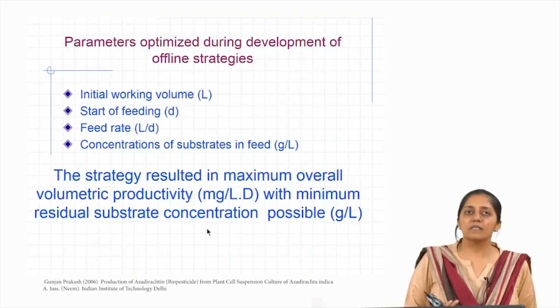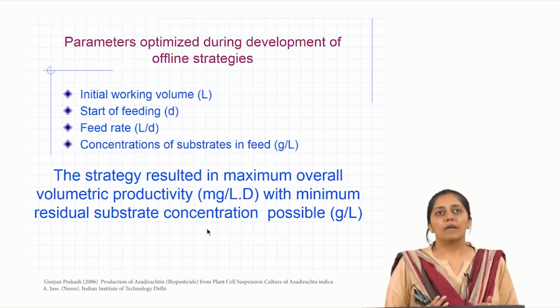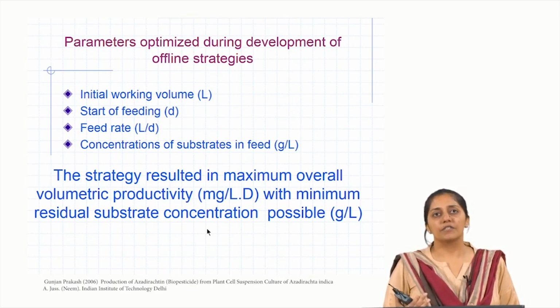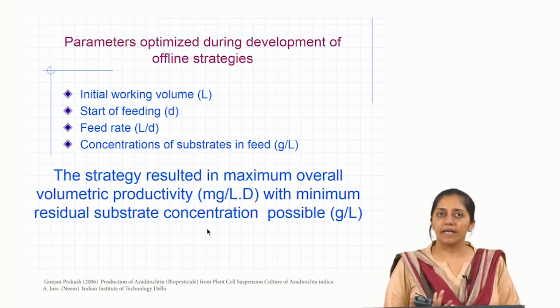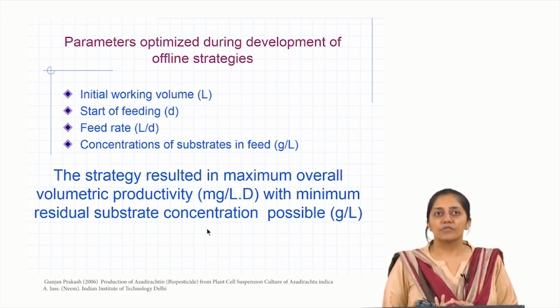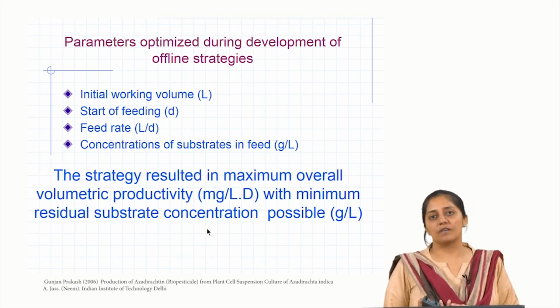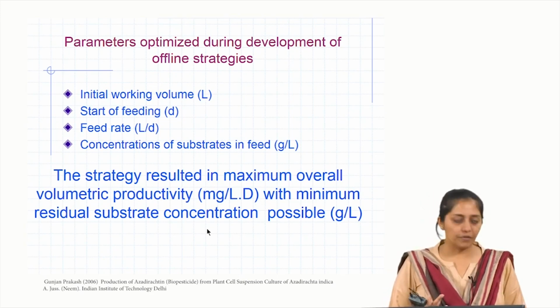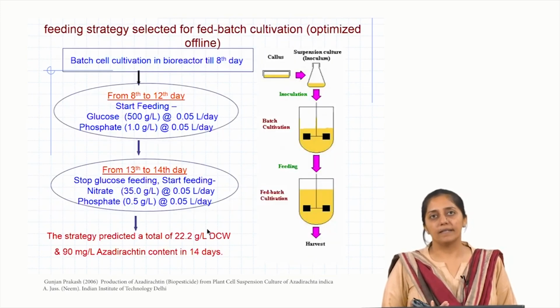This model was then simulated for developing nutrient feeding strategies offline, where parameters including initial working volume, start of feeding, feed rate, and concentration of substrate in the feed were varied. The strategy which resulted in maximum overall volumetric productivity with minimum residual substrate concentration in the medium after a given time was chosen for experimental validation.